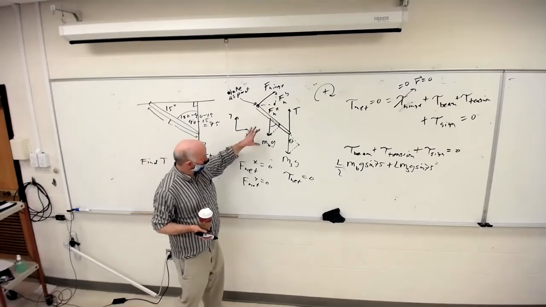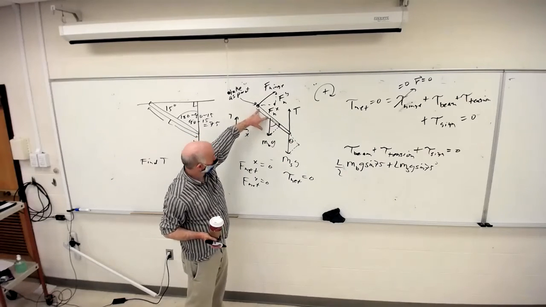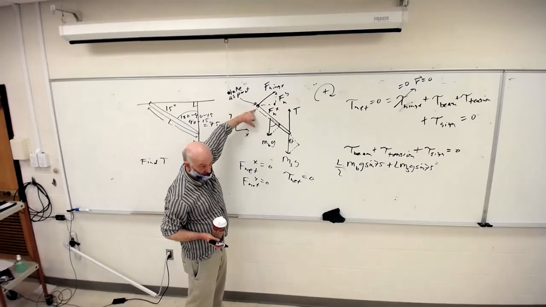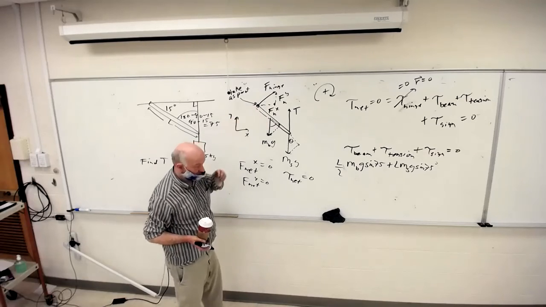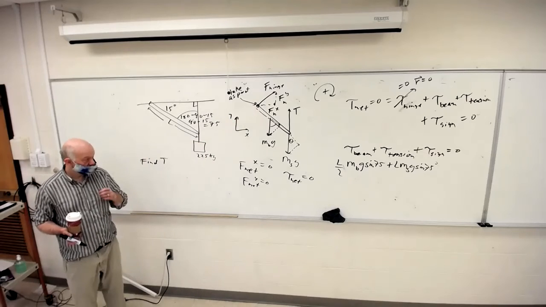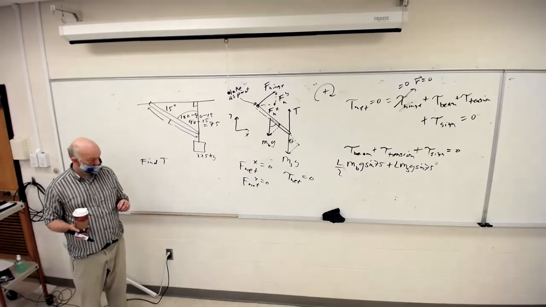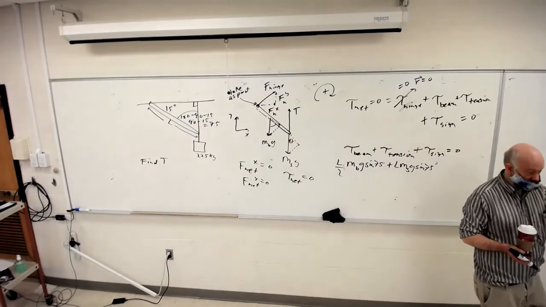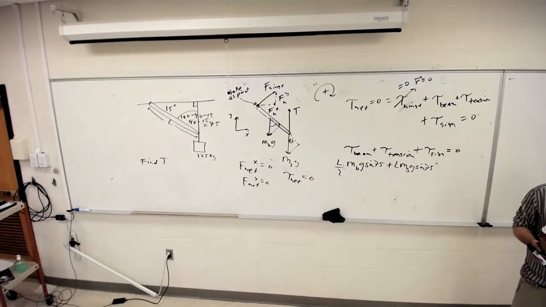Notice I could just as well have taken this and then taken this L over 2, broken it up into a perpendicular part and a parallel part, and gotten the same answer. That would also work just as well. Since we know that the torque of the tension is going to be negative, we put that equal and then figure out the tension. You have to write the expression. Don't skip too many steps, because it's easy to make mistakes.